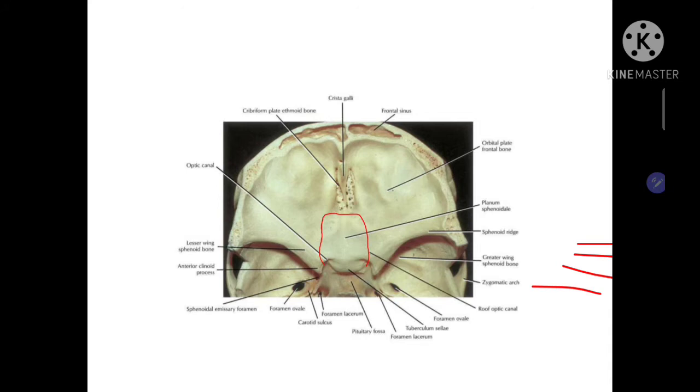This jugum sphenoidalis is slightly depressed. We're going to find some depression here in this jugum sphenoidalis on either side of the midline. It forms some canals, these olfactory canals, that are the posterior continuation of the corresponding olfactory canals of the ethmoid bone, okay?